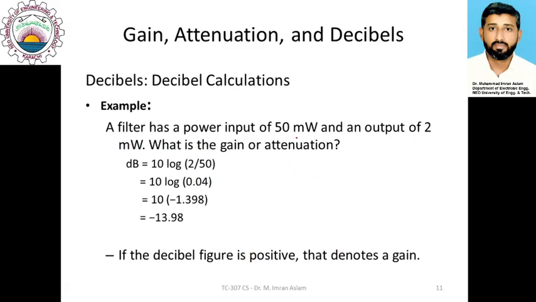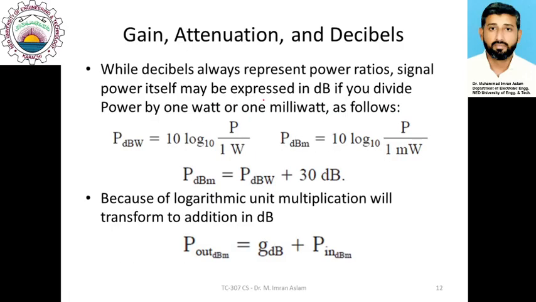Say for example, if I ask you to convert this 50 milliwatt into decibels, we cannot convert it unless it is divided by some value. So if we need to convert a power with a certain value into decibels, we generally use a reference point and calculate the ratio here. The commonly used reference values are 1 watt or 1 milliwatt.